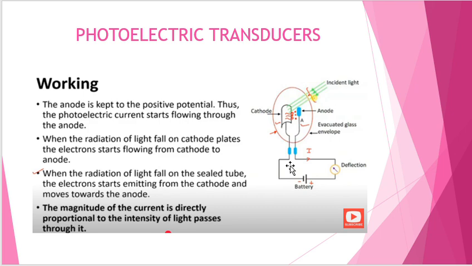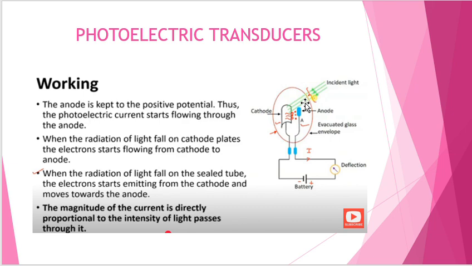So the electrons that come out from the cathode are attracted to the anode, and once they get pulled to the anode, the current starts to flow. That's how it works. So when light energy hits the phototube, current starts to flow. The more intense the light energy, the more current will flow.